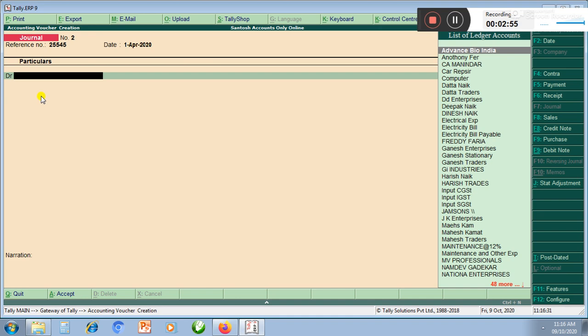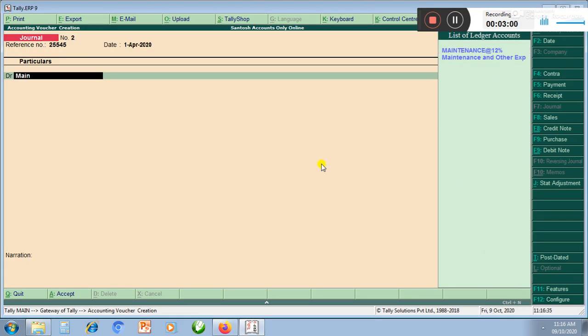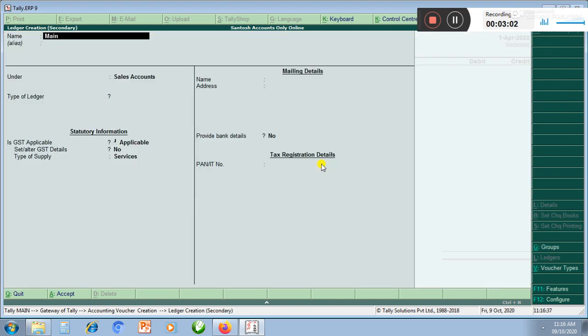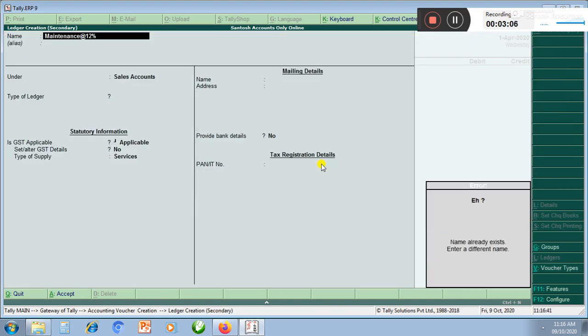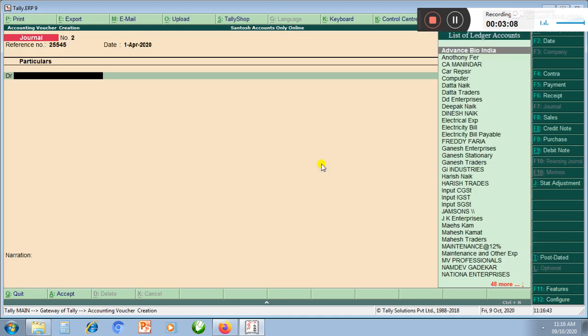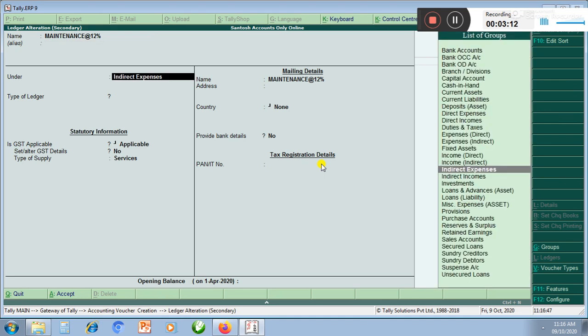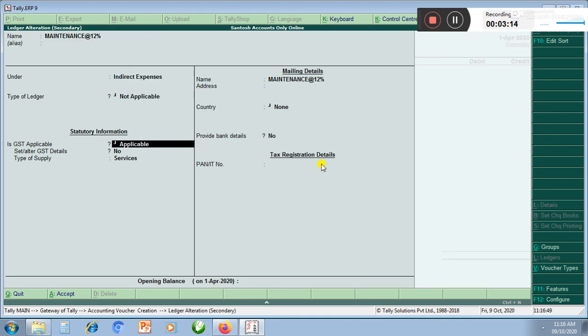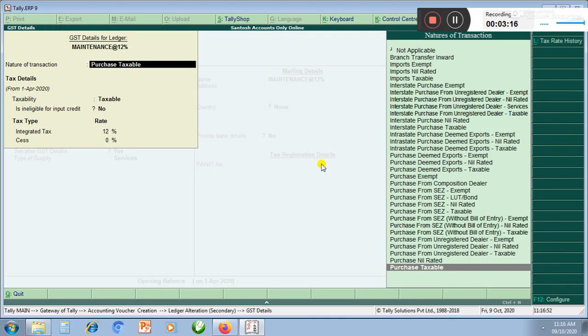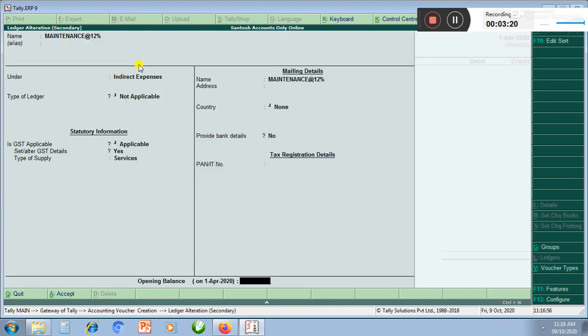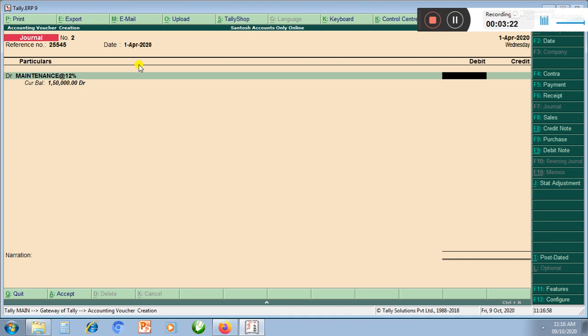Whatever the expense is, maintenance, I'll create maintenance at the rate of 12% under indirect expenses. Maintenance under indirect expenses, remember, and GST is purchase taxable 12%. So how much is the maintenance bill? 1,50,000.